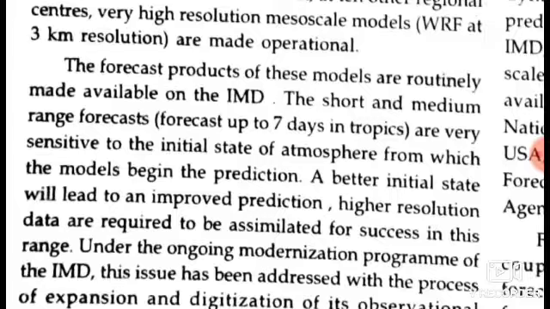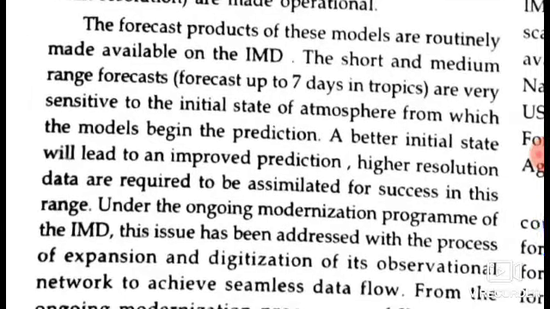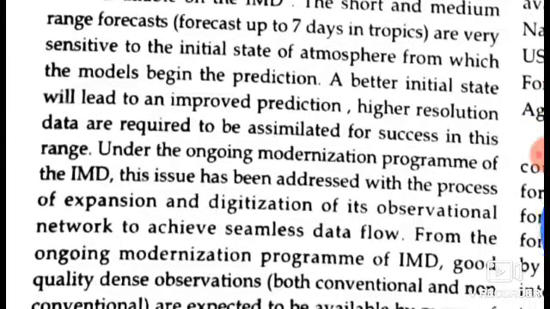The short and medium range forecasts up to 7 days in the tropics are very sensitive to the initial state of the atmosphere from which the models begin the prediction. A better initial state will lead to an improved prediction. Higher resolution data are required to be assimilated for success in this range.